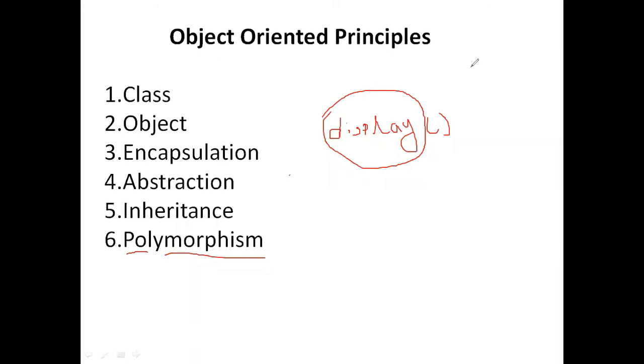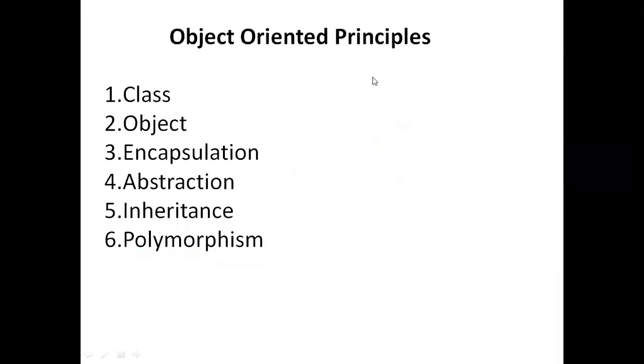Polymorphism is nothing but using the same thing in different forms. That means you use the same function name several times in your program. That concept we call polymorphism.